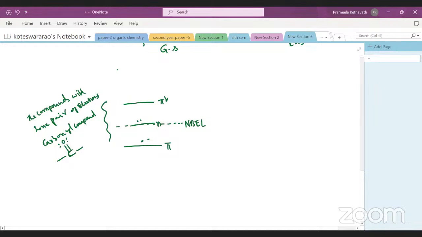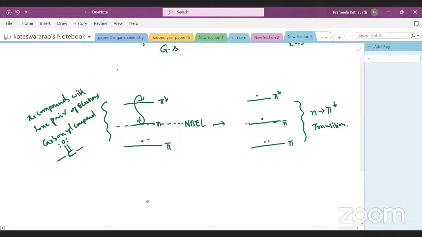Due to that reason, even though we are providing less energy, it is sufficient to excite the n electron to pi star. Now it leads to the electron transition of n to pi star state. There is no disturbance in the pi molecular orbital, but the disturbance is in the electron which is excited from n to pi star. This kind of transition is called n to pi star electron transition.